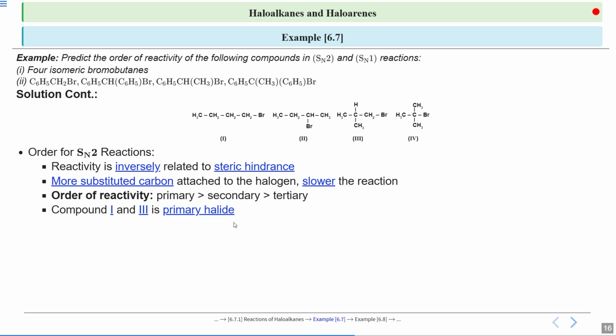The 2nd compound is a secondary halide, for the same reason, because bromine is attached to a carbon which is attached to two other carbons. And the 4th compound is our tertiary halide, because bromine is attached to a carbon that is attached to three other carbons.